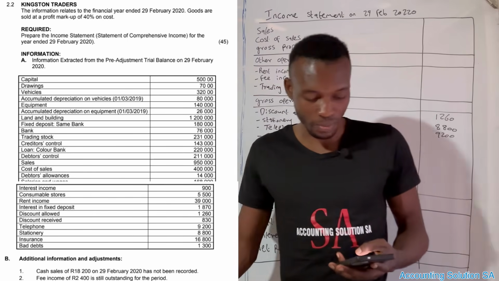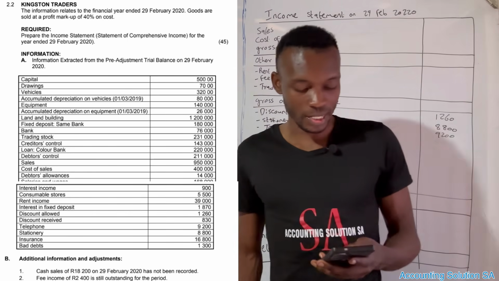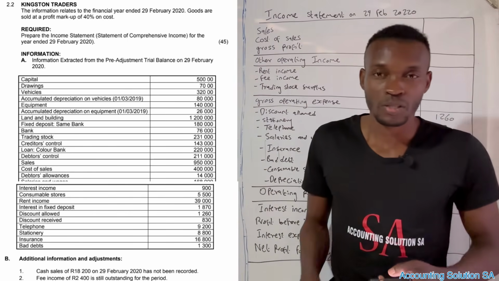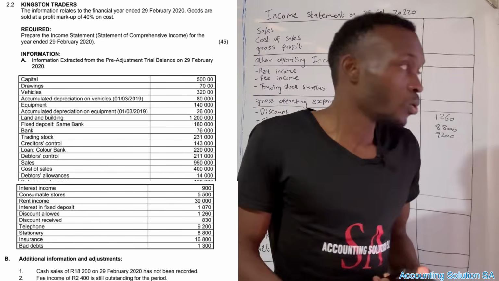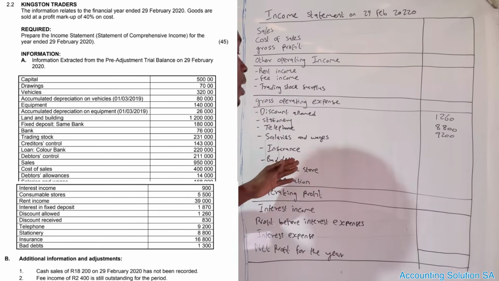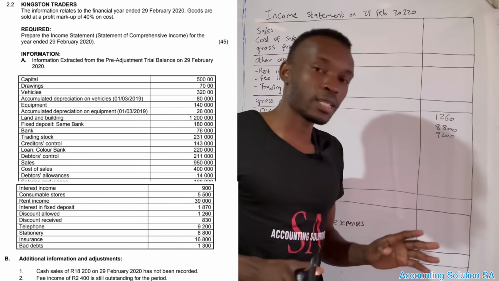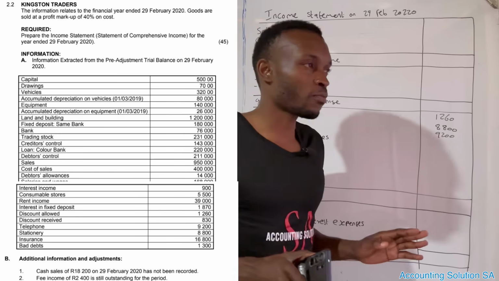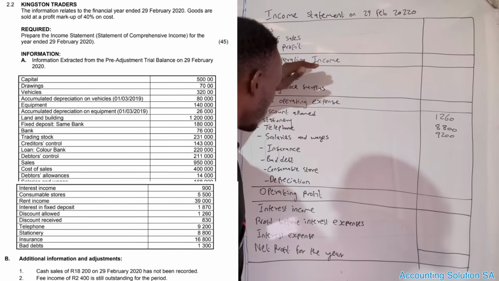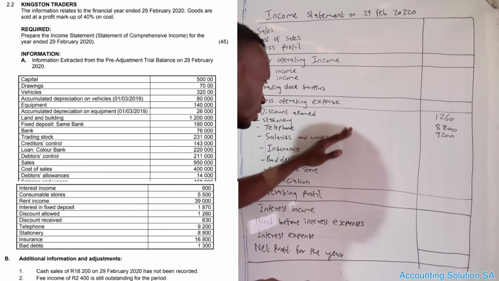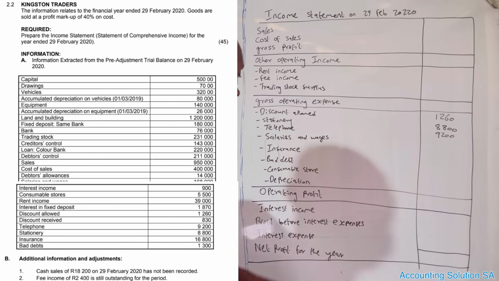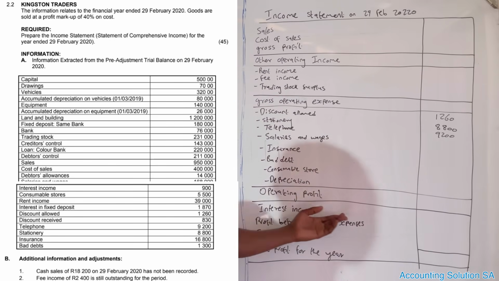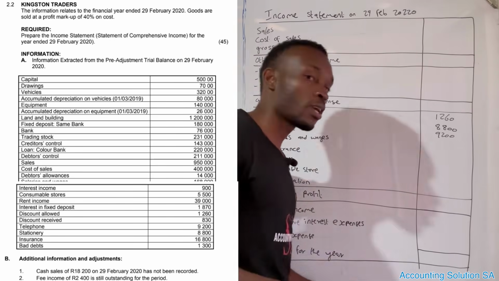Now let's open the question paper and start with this income statement. I believe that if you watched part 1, by now you know the format of the income statement. You start with sales, cost of sales, you go to gross profit, other income, you list them, operating expenses, you list them, then you do operating profit, interest income, profit before interest expense, and you calculate net profit.